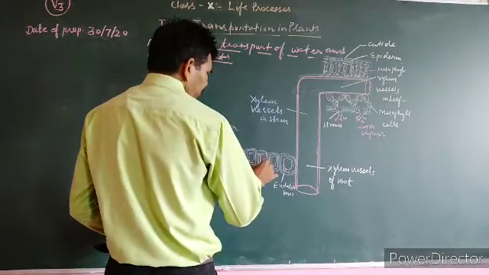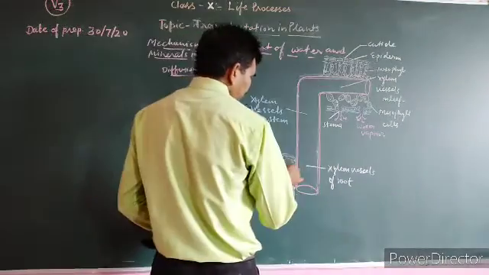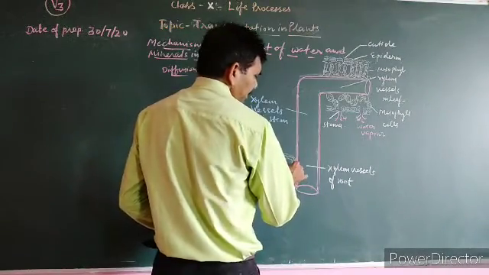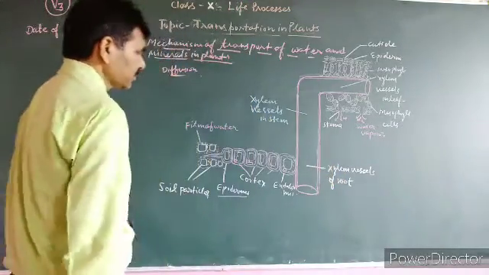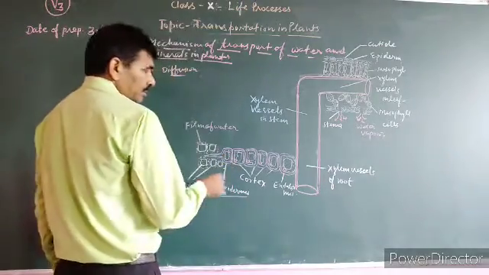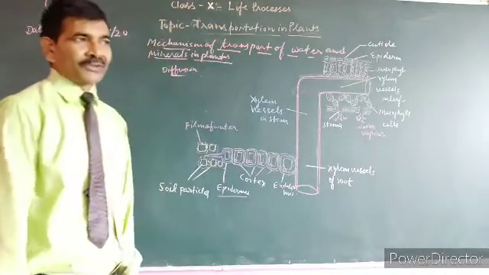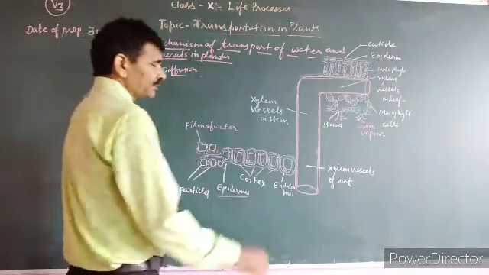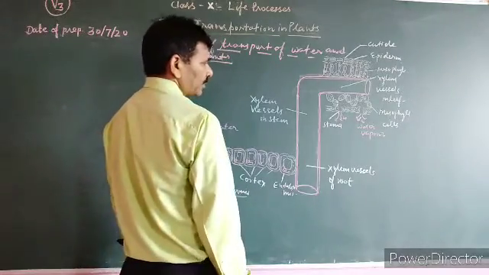From the cortex, water enters the xylem vessels of the root. So in root, water passes cell to cell by the process of osmosis and enters the xylem vessels of the root.